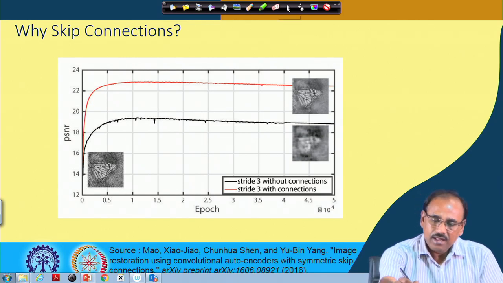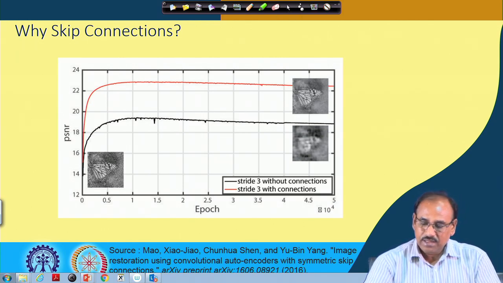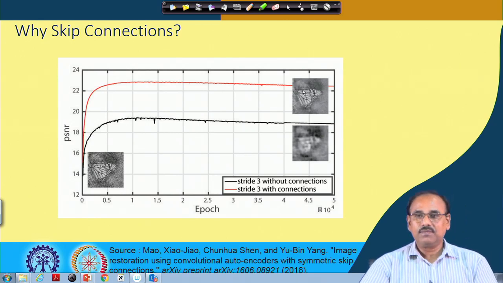Now, again the most important part, as we said, is how do you train this neural network. For training of this neural network I need the ground truth. That means I have to have an input noisy image and the corresponding clean image. So, the way you train your neural network is you feed the input to the neural network.